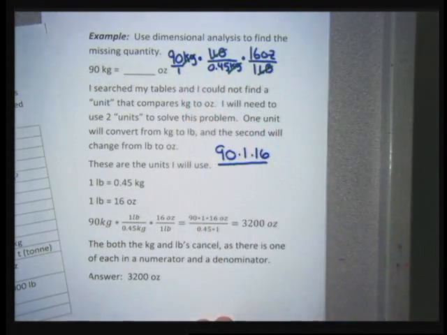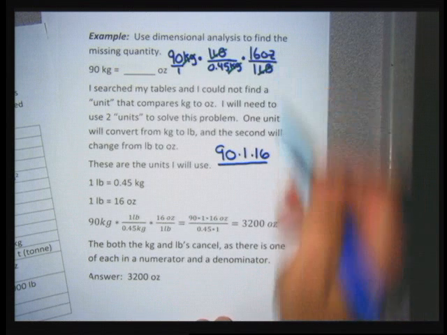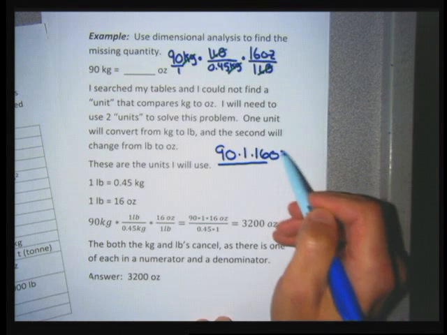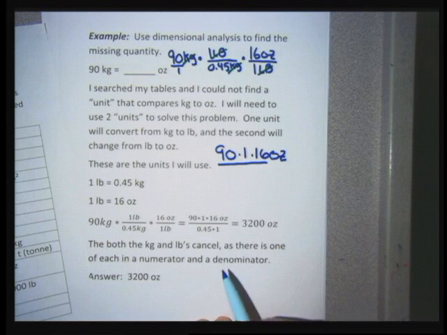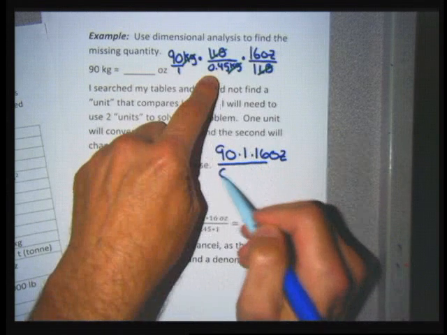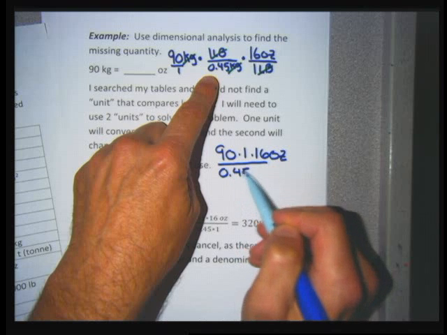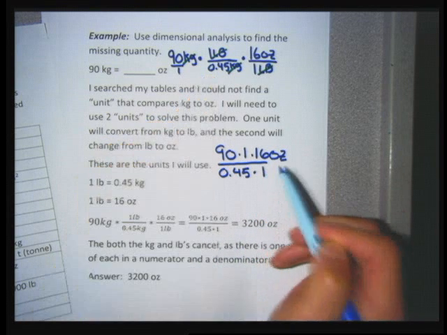So you think of the 90 as being in a numerator. And when you're multiplying fractions, you multiply numerators together, you multiply denominators together. In the numerator of the 16, I have the only units that haven't canceled, which are the ounces. And in the denominator, I have 0.45 times 1.